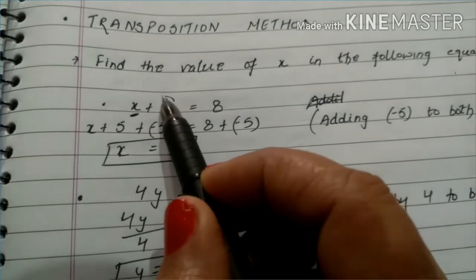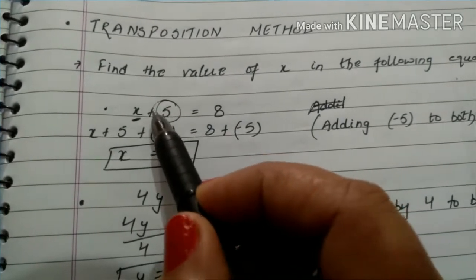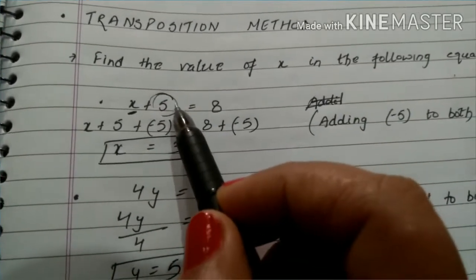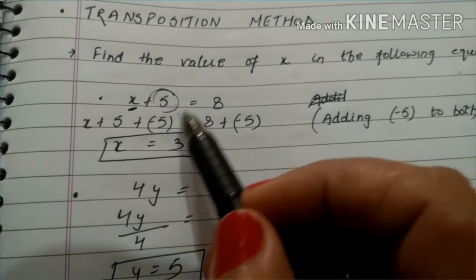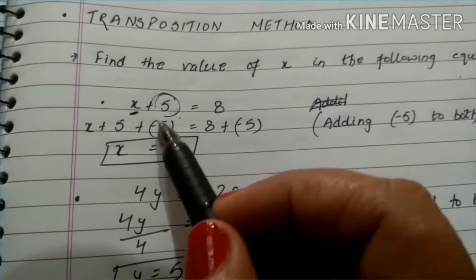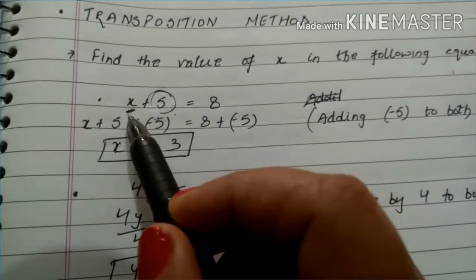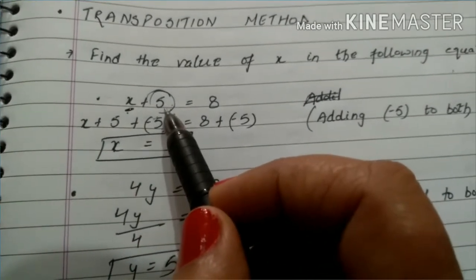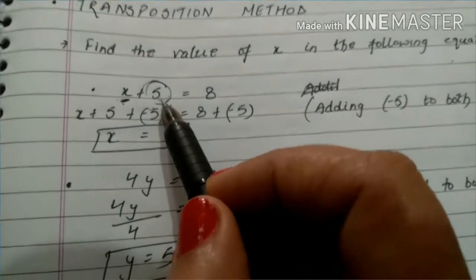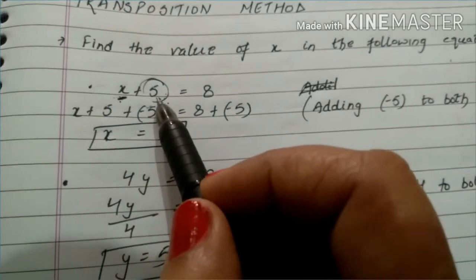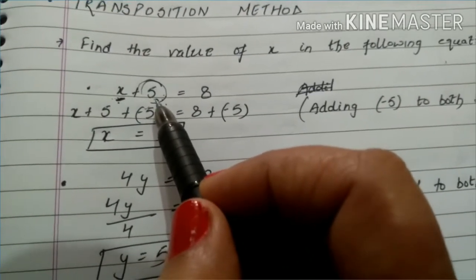We can see this plus 5 is the extra term here. So if we minus 5, both the plus 5 and minus 5 will cancel and we will get the value of x. On the left hand side with the variable, 5 is extra. So our aim is to remove this 5 anyhow.